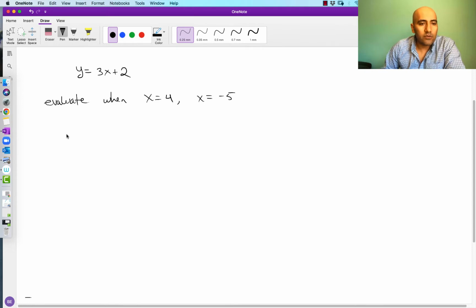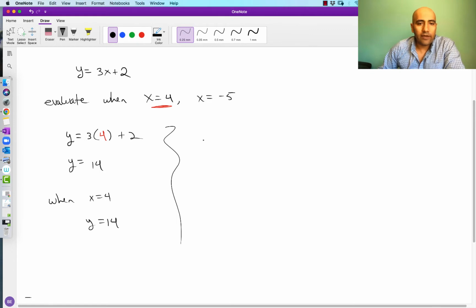Okay, so you would take this function and do y equals 3 times something plus 2. For the first one, we're going to let x equal 4, so we put a little 4 there, and then we can evaluate this. So we end up with y equals 12 plus 2, which makes it 14. So when x equals 4, y equals 14.